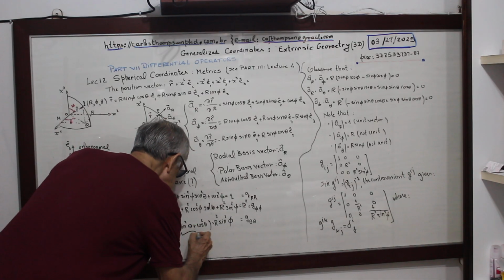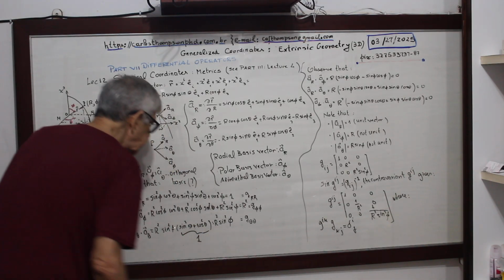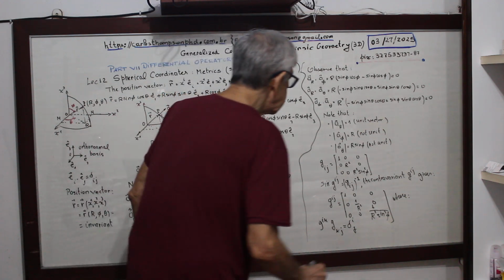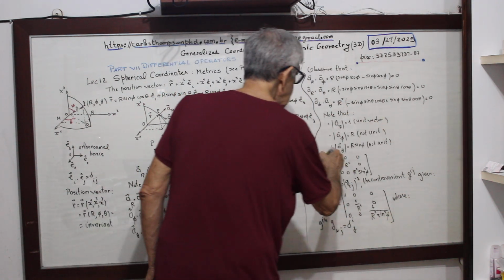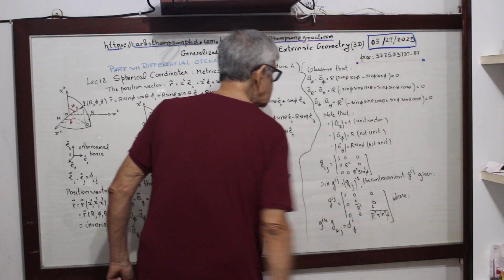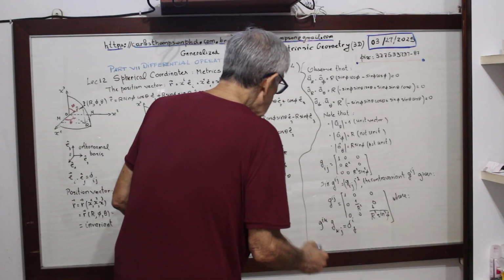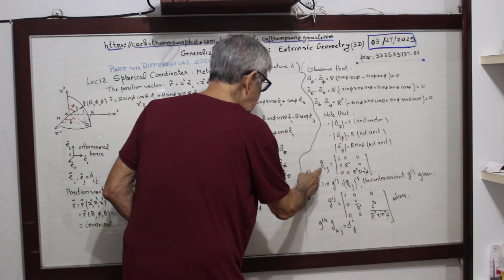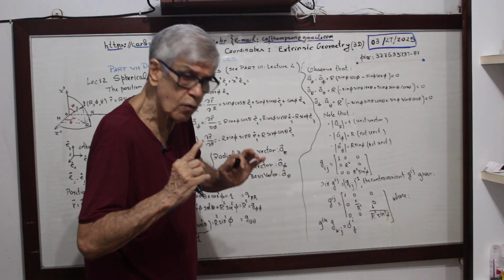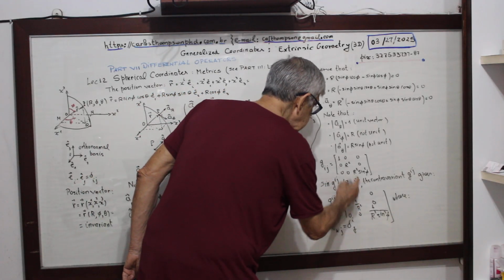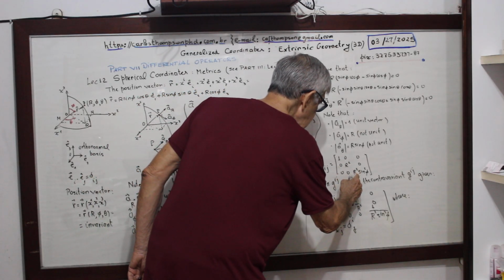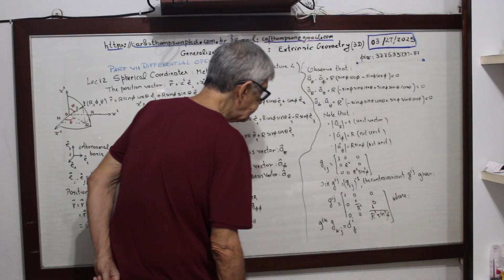Because this term here is 1. So these are sine square of phi. So if we take the square root it is r sine phi. Now, the metric, attention now, the covariant metric is just the diagonal 1, r squared, and r squared sine square of phi.